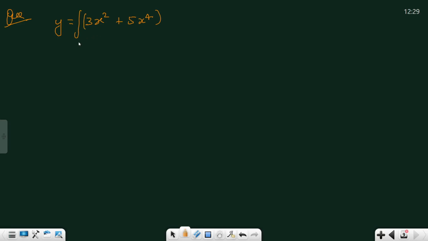Limit will be 5 to 10. You don't need to solve to the last expression. You just have to give me the expression you get after the integration. Just give me the expression. After putting the limit, just tell me the final expression you are getting. You don't need to simplify the answer. बताओ कितना आएगा.